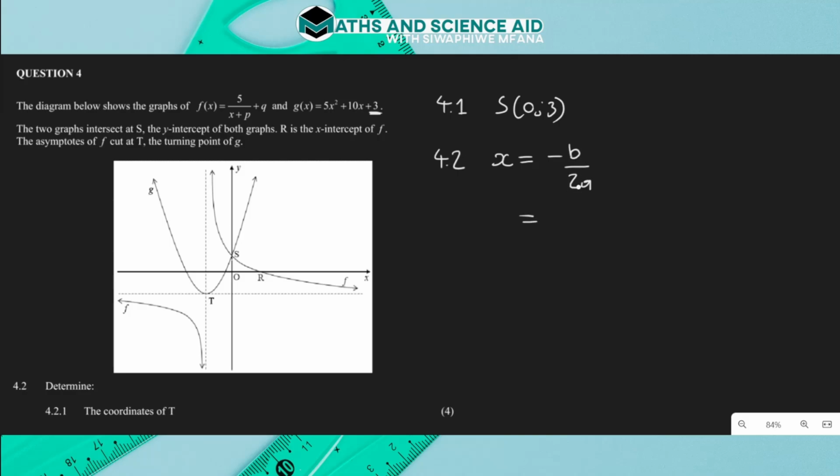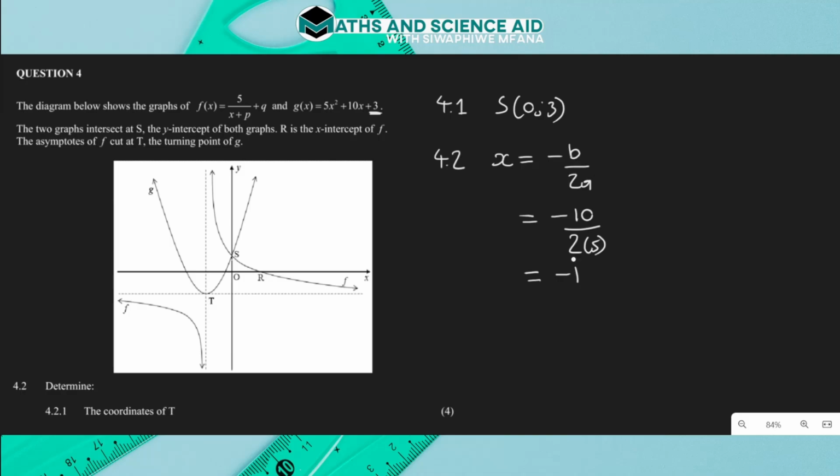Using this formula, we can find the x value of the turning point. b in this quadratic function is equal to 10, so we'll have negative 10, and a is equal to 5, so we divide by 2 multiplied by 5. 2 multiplied by 5 is 10, and therefore negative 10 over 10 gives us negative 1.